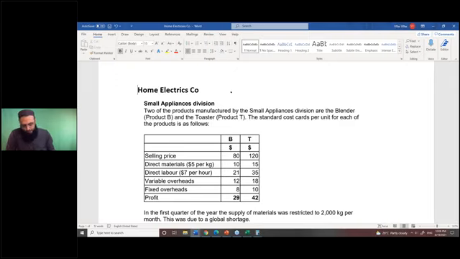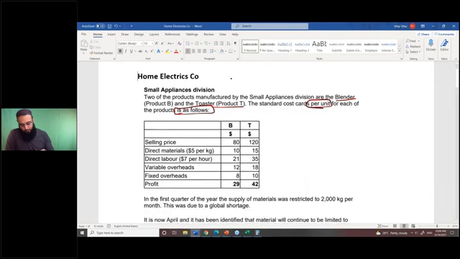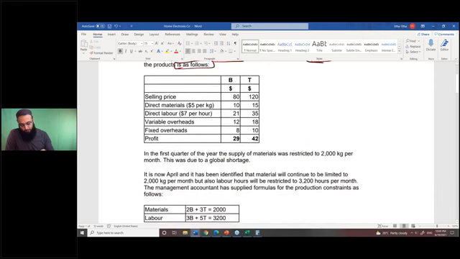Two of the products manufactured by small appliances division are the blender B and the toaster T. The standard cost card per unit for each of the products is as follows. So we have the selling price, we have direct material, 5 is the rate per kg. Direct labor, $7 is the rate per hour. Variable overheads, fixed overheads, and the profit.